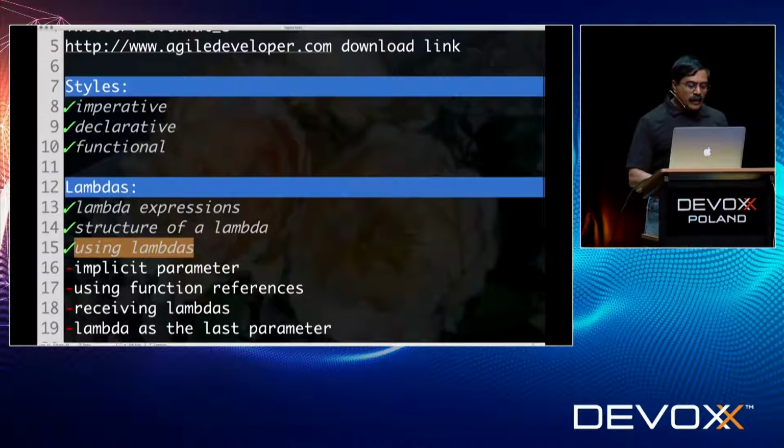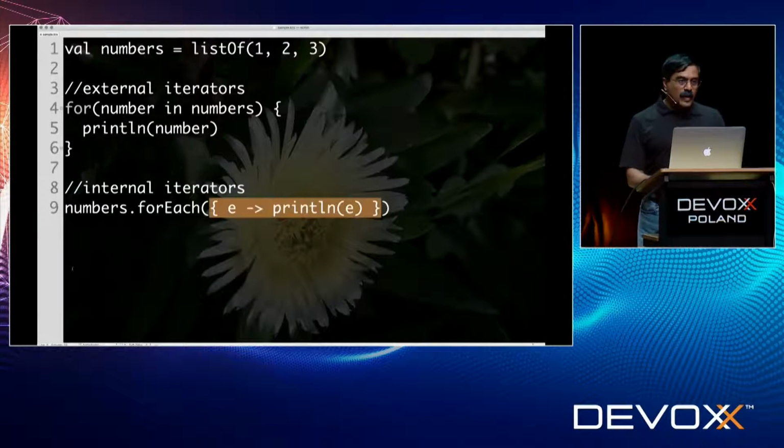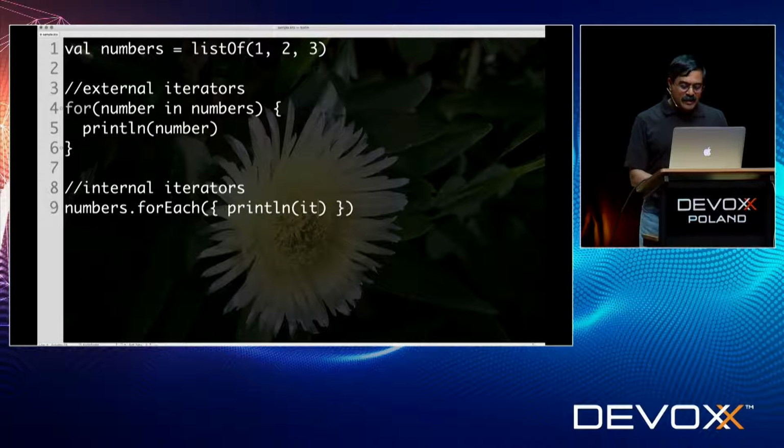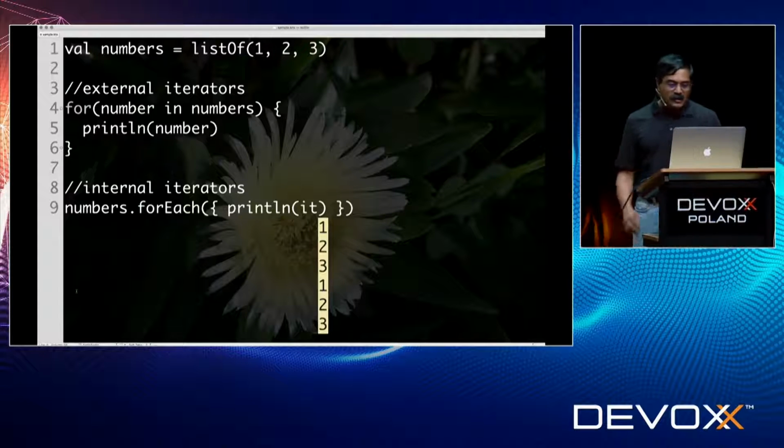Now, what you can do with this is a few different things. The first is you can use the implicit parameter to this particular function. So what you can do here is, rather than calling it e, you can simply say it. So by using it, you are avoiding passing an explicit parameter in the case of Kotlin.